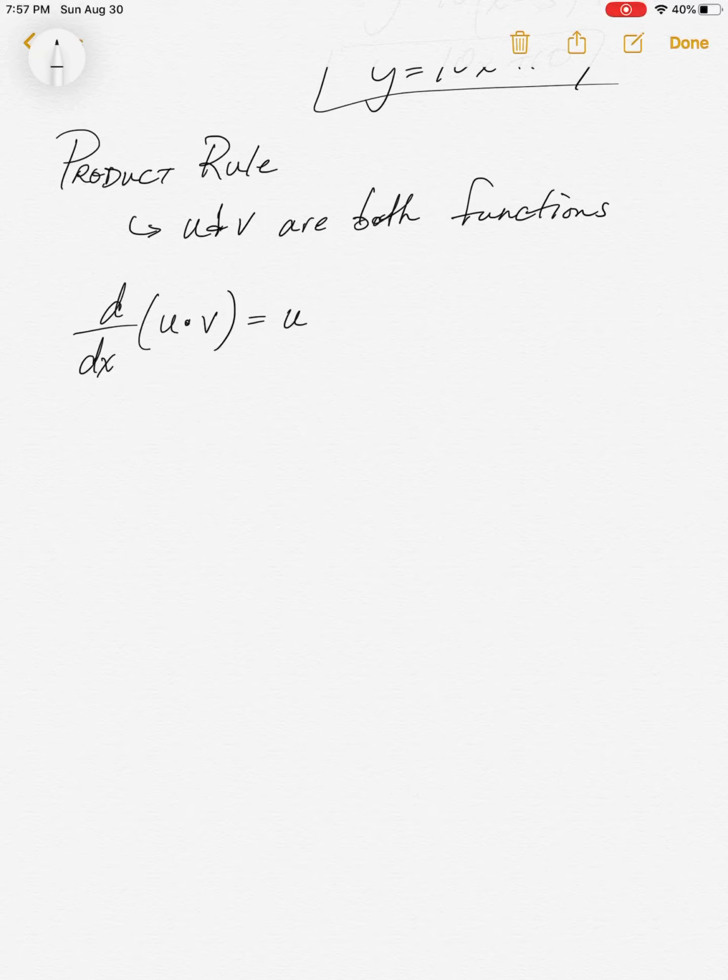You're going to take the first function times the derivative of the second function plus the second function times the derivative of the first function. So that's u dv plus v du.